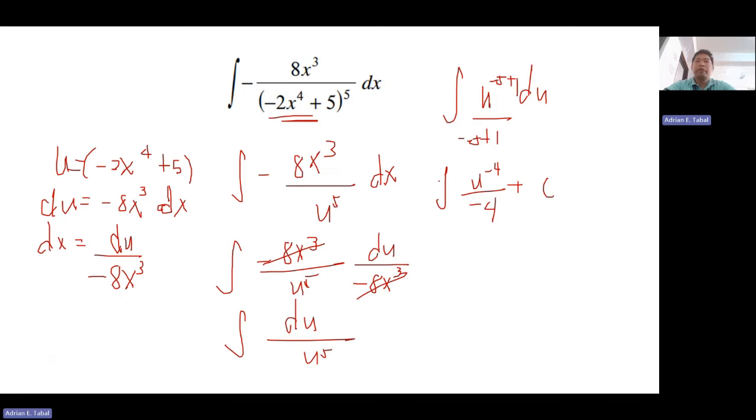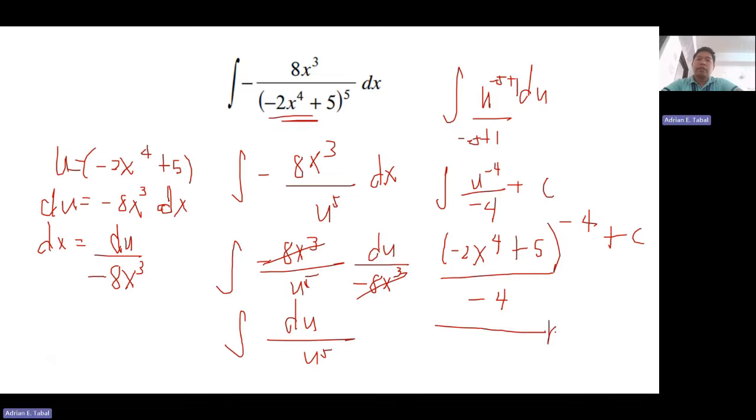Then the value of our u is negative 2x 4 plus 5 to the power of negative 4 over negative 4 plus c. And that is the integral of the function. You notice that since that's 1 over u5, we convert that to u negative 5, which is one of the topics for the laws of exponents.